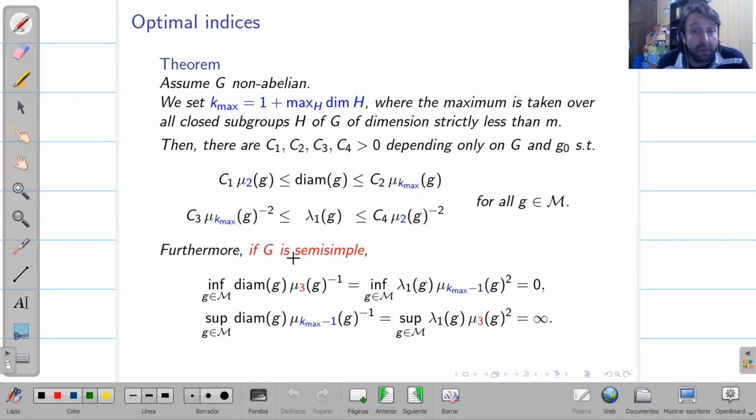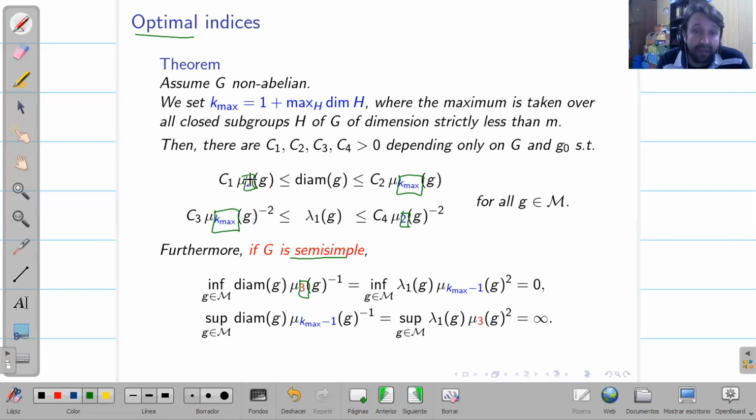But when G is semi-simple, we know that 2 is the optimal index, right? You cannot put 3 because the diameter over mu 3 is not bounded from above by a positive number, since the infimum among all the left-invariant metrics is 0. So this theorem is optimal in the semi-simple case. It gives that all these indices are optimal when G is semi-simple, which is the case I am more interested in.